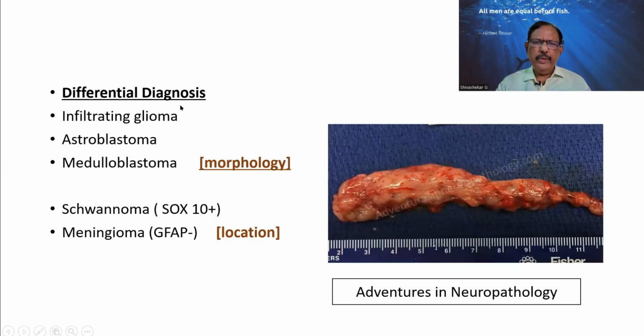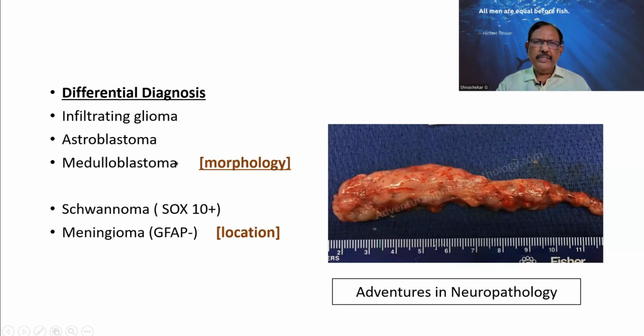The differential diagnosis can be. Incidentally, this is the tumor. Look at this one. It is linear, it is ovoid, arising from the spinal cord. Thanks to adventures in neuropathology for the spectacular pictures of this. The differential diagnosis can be an infiltrating glioma, astroblastoma, medulloblastoma.